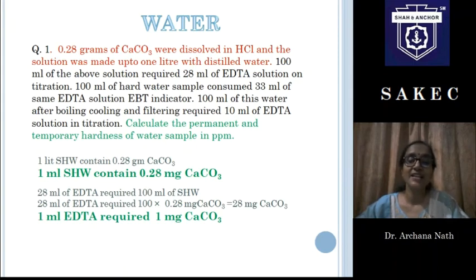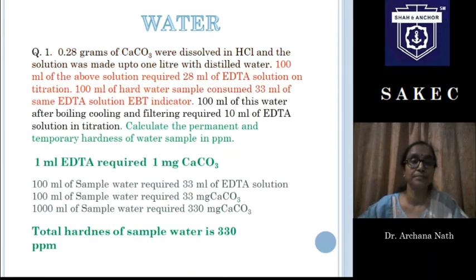Simple. Again I am telling, from the first step you have to calculate how much calcium carbonate in milligram 1 ml EDTA requires. So we'll go to the next step.